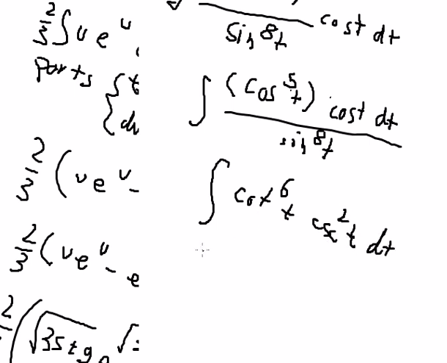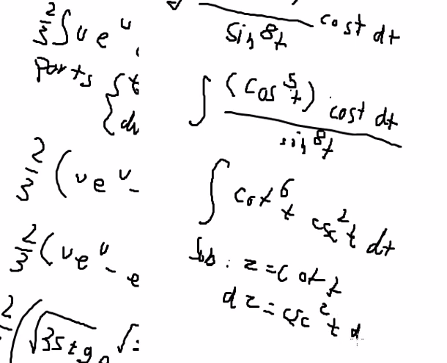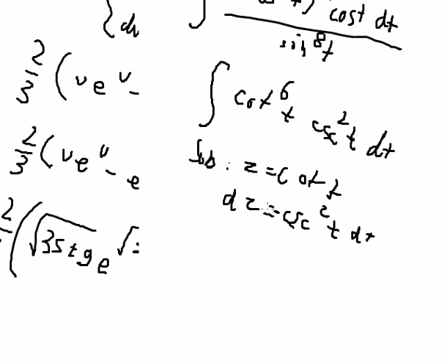So in this situation we use substitution. We put z equal to cosine t, dz equal to cosecant of t squared dt with the negative, because we don't have the negative in here, so we put the negative next to dz.